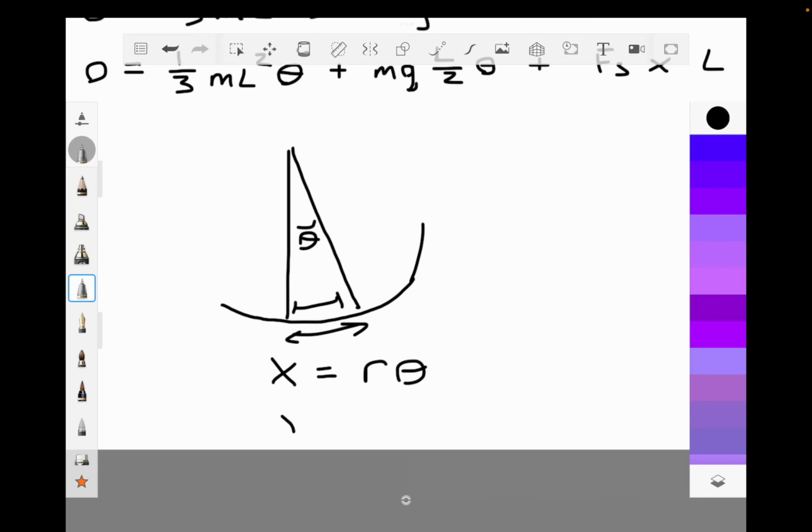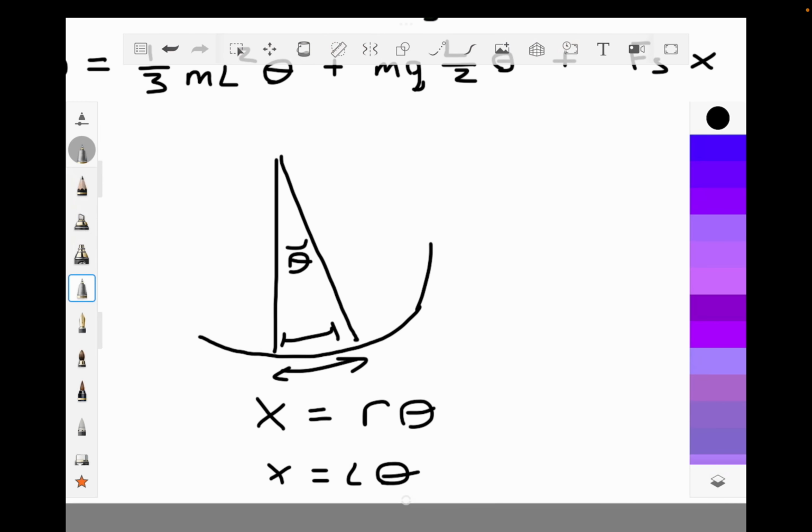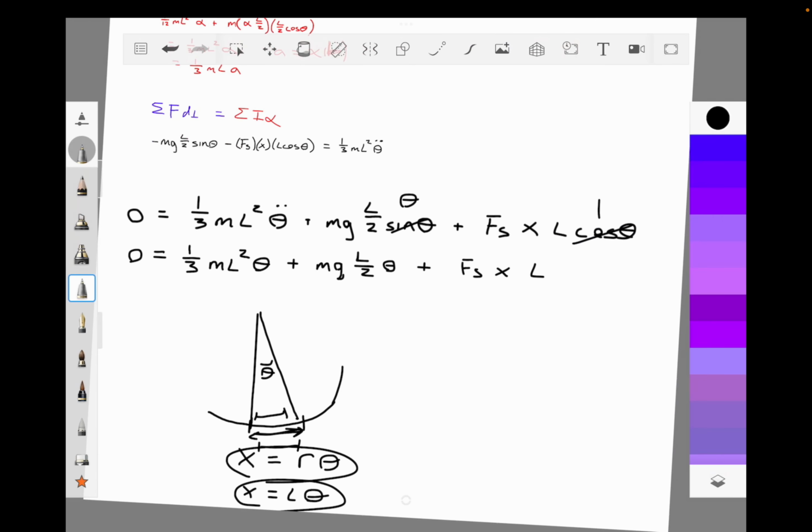And we know r to be L. And so this is how much the spring would compress. If this is the neutral part, it moved this much. That means the spring compresses from this distance to this distance, which we know the formula for: x equals r times theta, or x equals L times theta. So then we could replace x with that.